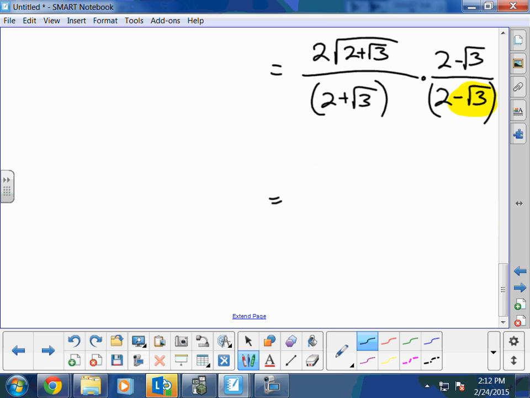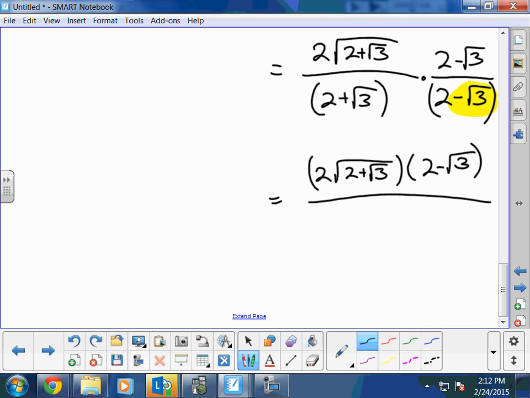you're actually going to end up with this as a numerator. And as a denominator, okay, 2 times 2 is 4. 2 times negative square root of 3 is minus 2 square root of 3. Square root of 3 times 2 is plus 2 square root of 3. And square root of 3 times negative square root of 3 is minus 3.